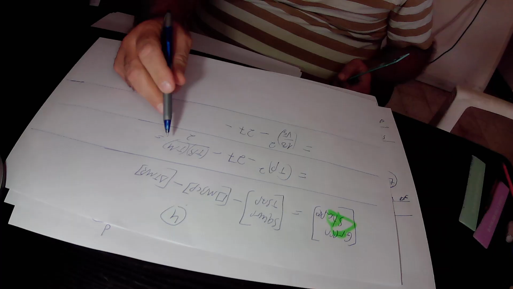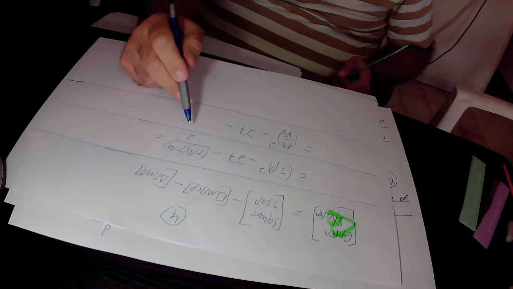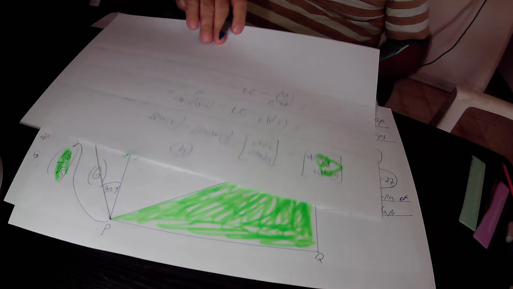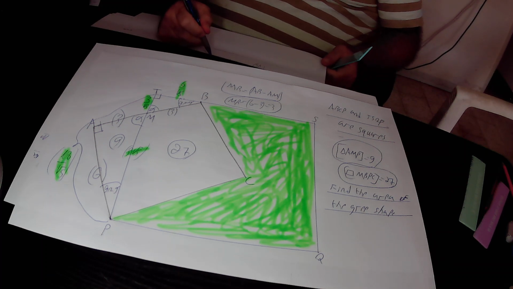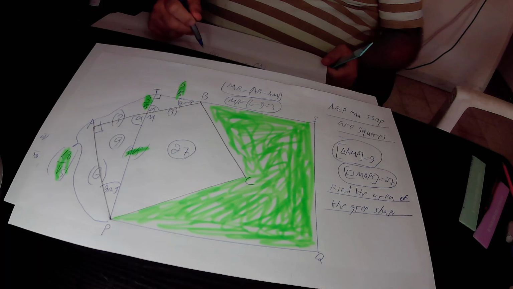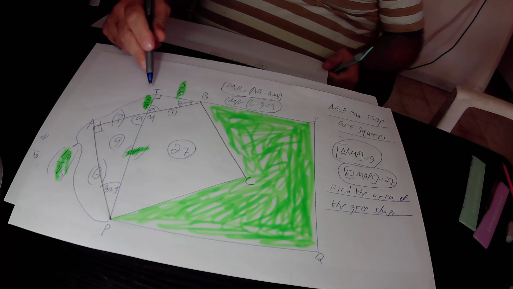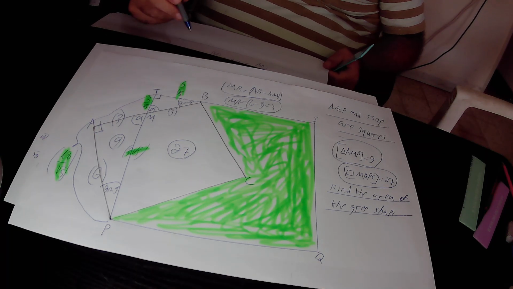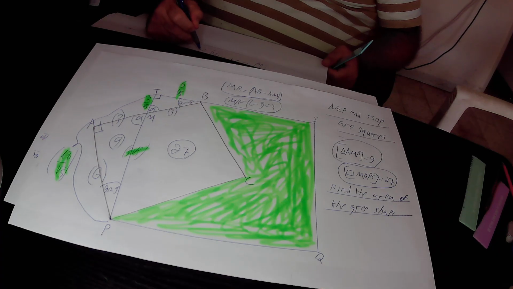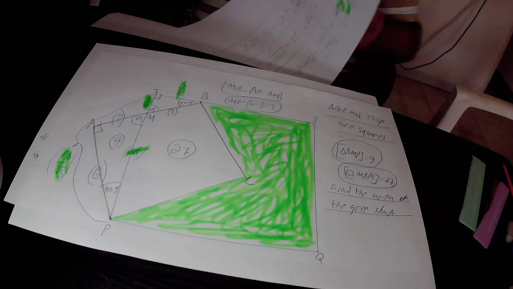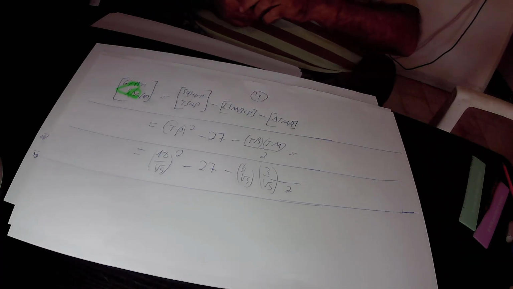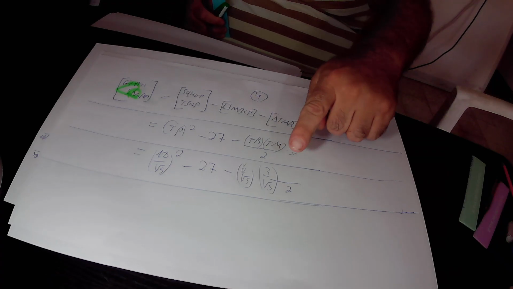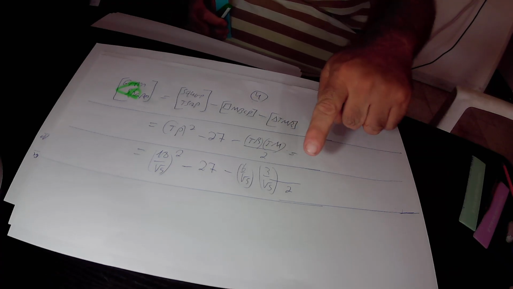Minus the area of the small right triangle TMB, which is TB times TM over 2. The base TB is 6 over square root of 5 times the height TM, that is 3 over square root of 5, divided by 2.